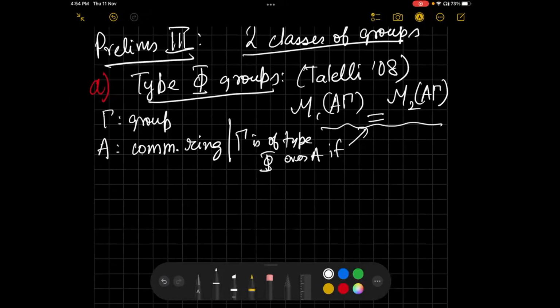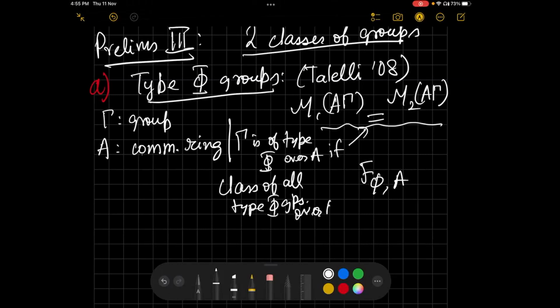And I'm going to denote throughout this talk the class of all type phi groups over A by this symbol.